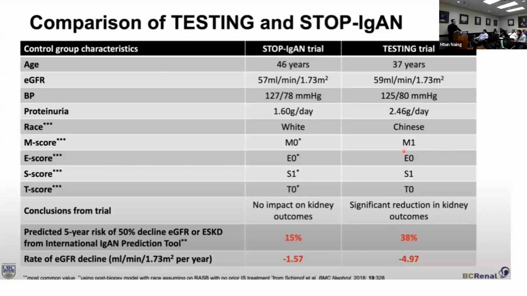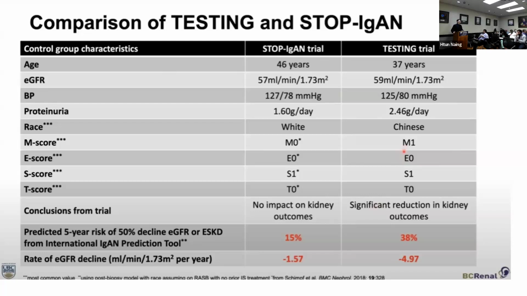Now I will say that for the modified testing study, the second one after the one where people died and all that, if you look at the median time from biopsy to entry, it was only 5 months. So that was probably the shortest time frame between biopsy and entry on average for this cohort of patients.